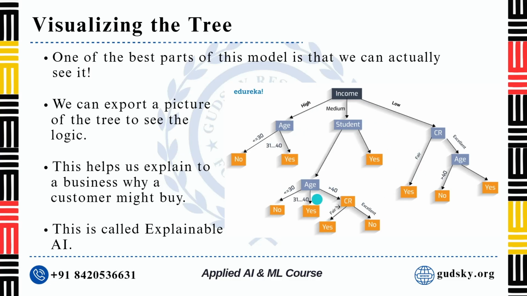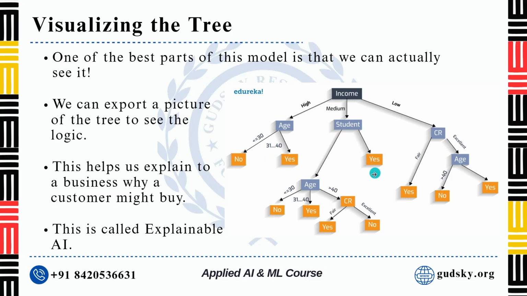So here's an example of how this model works. If we have the root node as income, how much different persons' income is, then it first divides by age, is he or she a student or not, then CR, and then further you can check if his age is 30 or less, or 31 to 40.